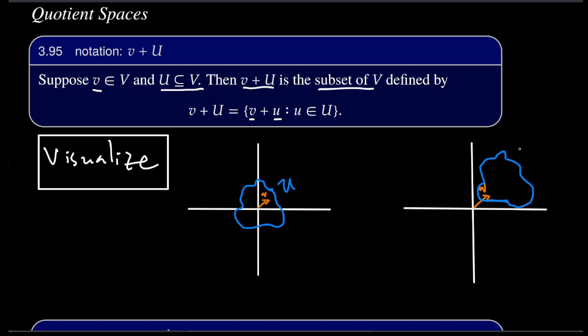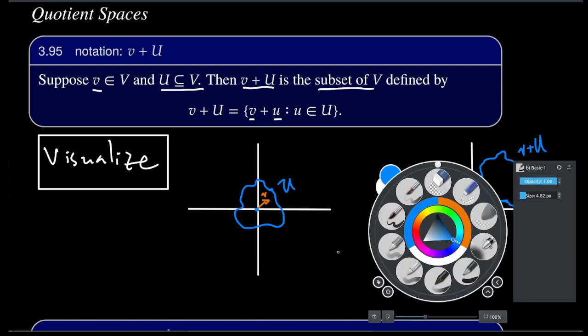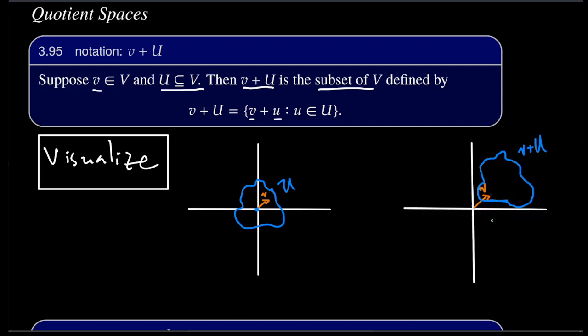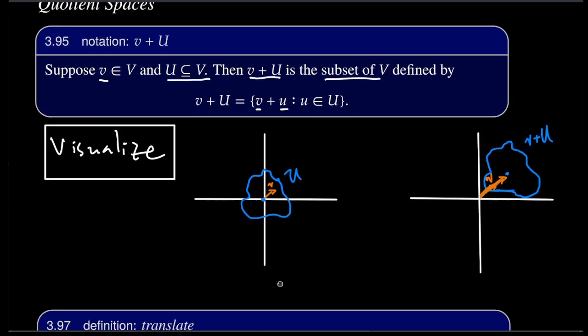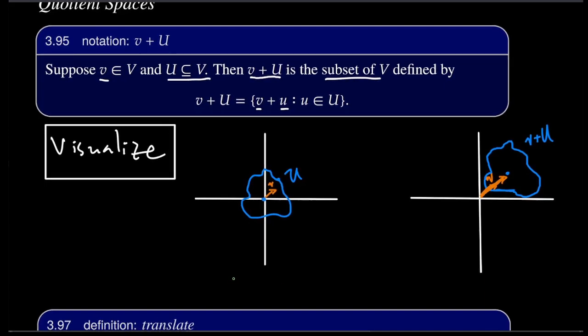So this is v plus U. That is, I took U and I shifted it over by v. Get it? Like this point was right here. Let me make this v a little bit longer. Imagine this is not 100% to scale. There we go. Now that's the v. See, it's like I took this point and I translated it over by v, and then I did the same thing with every other point in U. Just translate it over, shift it by a little bit. Terrible drawing, but hopefully that makes it a little bit clearer. You're just moving it over by a vector.